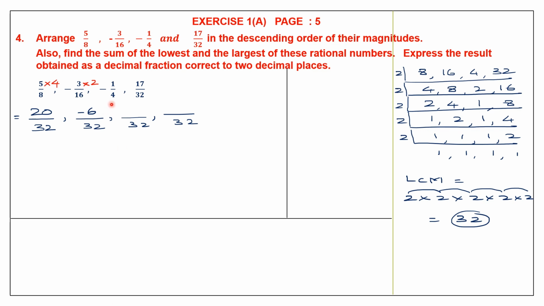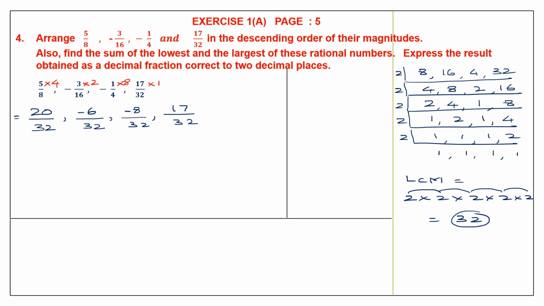Next one, 4 times 8 is 32. So we multiply 1 by 8. 1 8 is 8 and that's negative 8. Next we have 32 itself. 32 into 1. So 17 into 1 will give us the same number, that is 17.